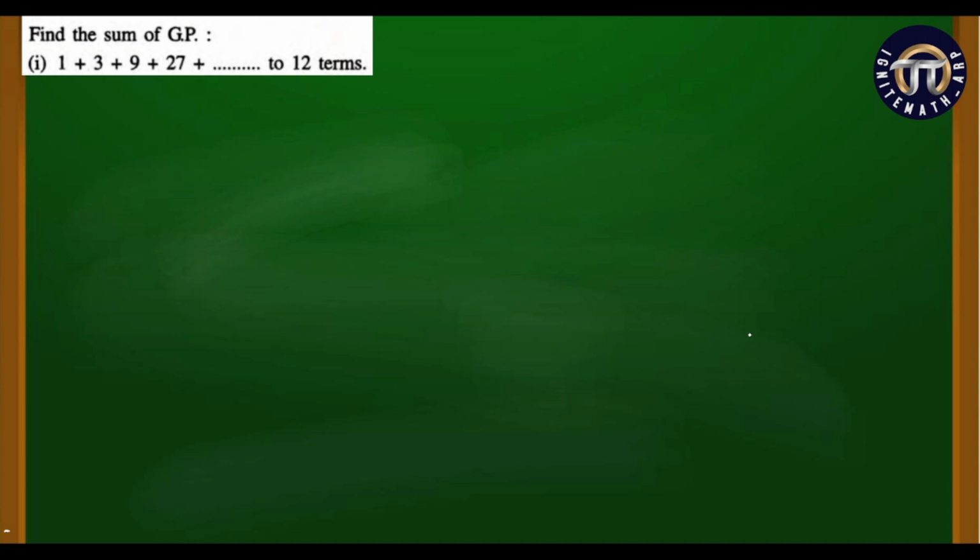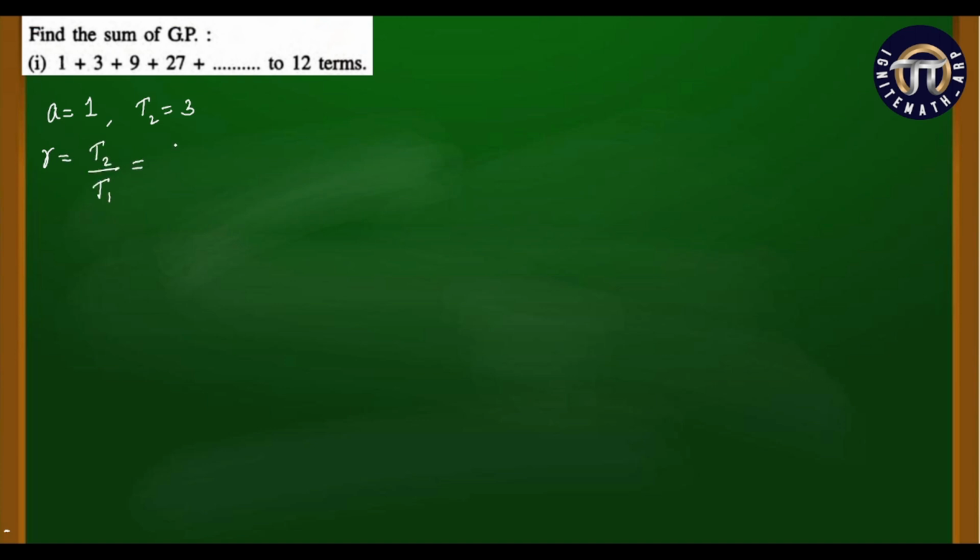Find the sum of the GP 1, 3, 9, 27. Here you must know the first term is A itself. So A is equal to 1. The second term is 3, so I'm supposed to find the common ratio, that is T2 by T1.